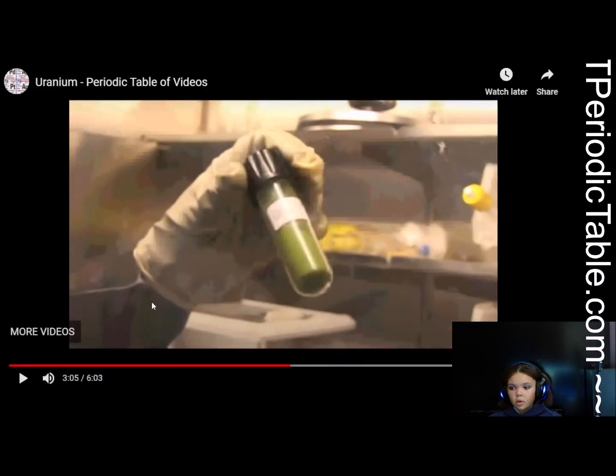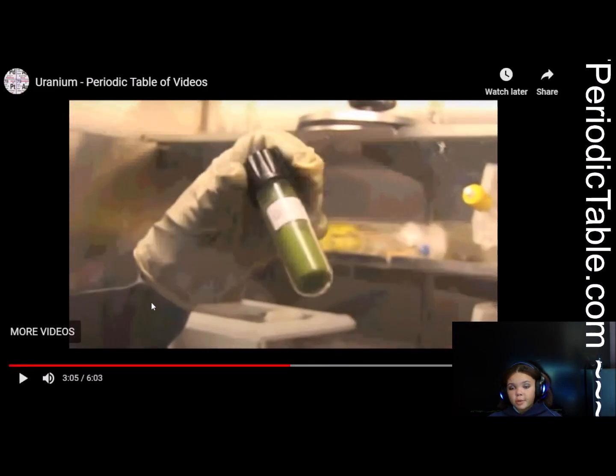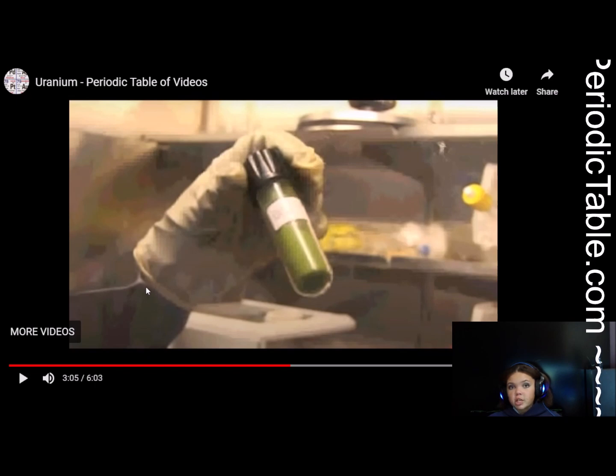Now, depleted material only contains a very small quantity of fissile uranium, which is used in bombs and nuclear reactors, about 0.2%. It actually means that the problem with handling depleted uranium is not the radioactivity, although you have to make provision for this. The real problem is that it's highly poisonous, and about half a gram would kill you in a very short period of time because it attacks your liver very effectively.